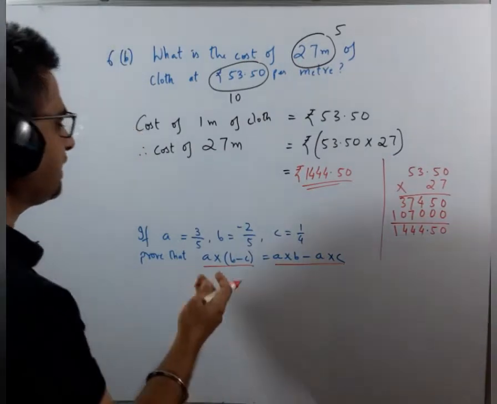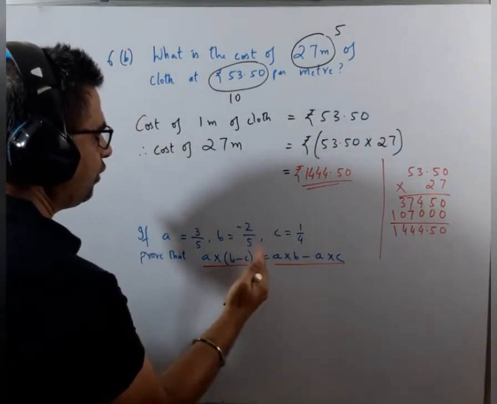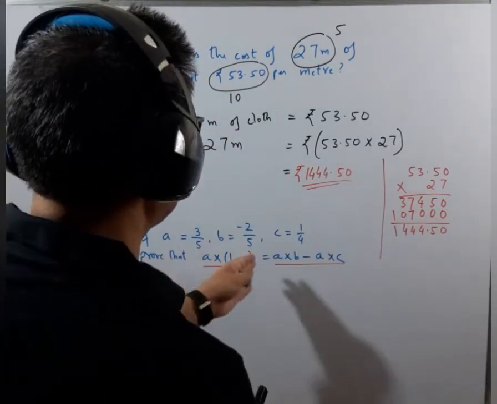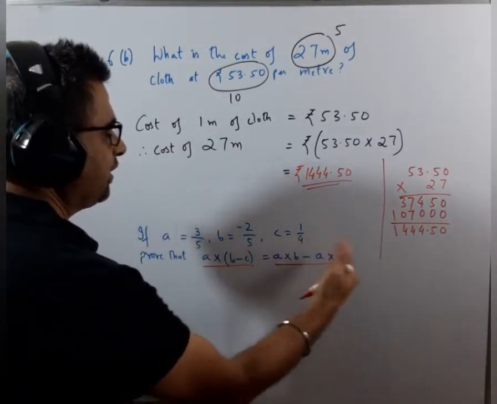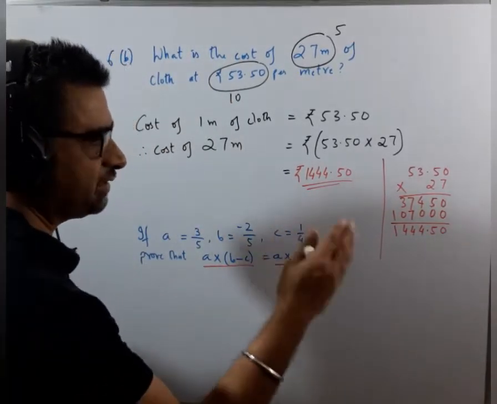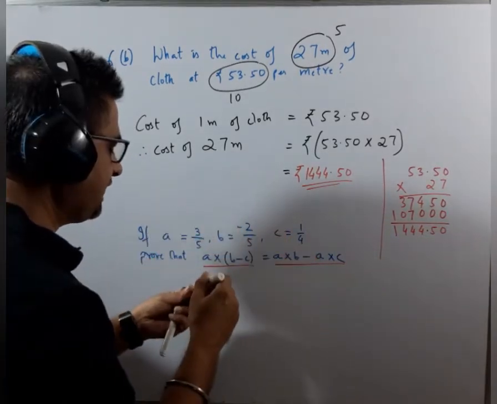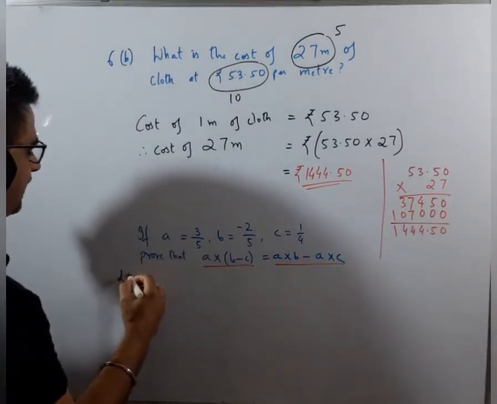Whenever there is an equation, the quantity on the left hand side of the equation is the LHS, and the quantity on the right hand side of the equation is the RHS. So we first solve for the LHS and find out how much that value comes to.